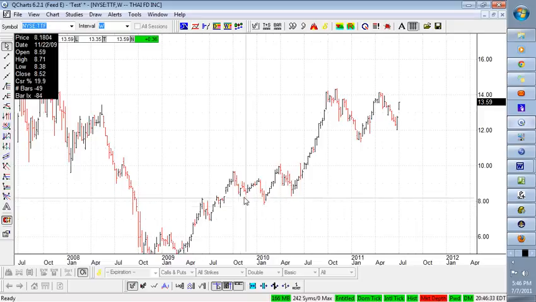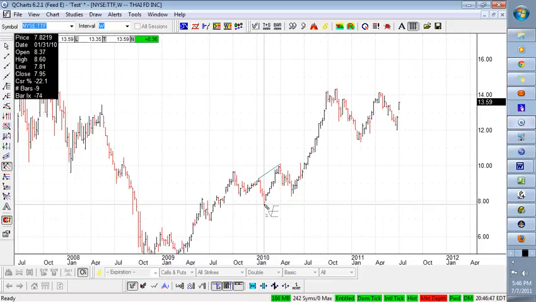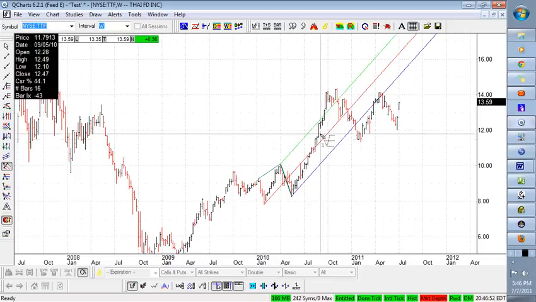Here you have your shoulder. Here you have your shoulder. Here's your head. And you can see with the dynamic Andrews techniques, you stayed in longer.